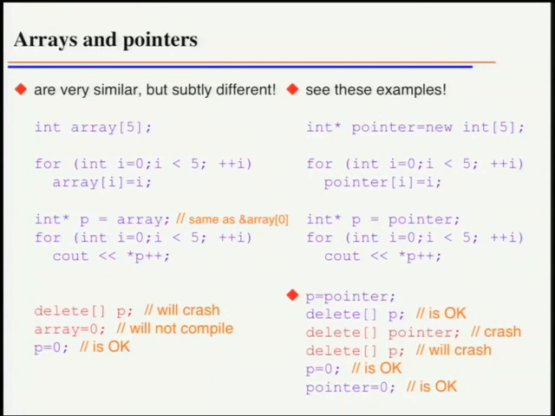We can delete P after assigning this address, because the runtime system just looks at the address, and P contains the address of the start of the array that we dynamically allocated up here. So we can now free the whole thing, although it's not the variable that we first assigned to.